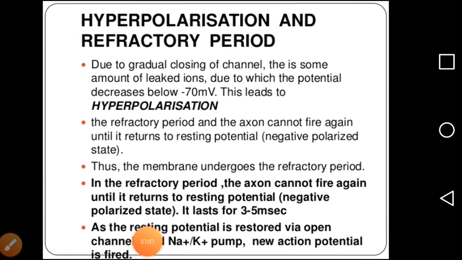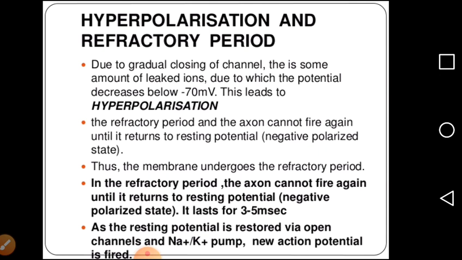Okay, so what is hyperpolarization and refractory period? In the refractory period, the axon cannot fire again until it returns to its resting potential. Obviously if the axon kept on firing without a proper pattern, it would get exhausted.